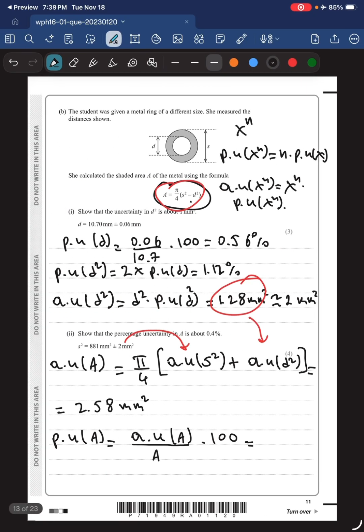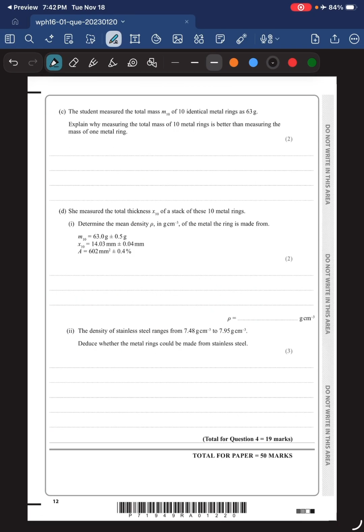And that's the answer. The student measured the total mass M10 of 10 identical metal rings as 63 grams. Explain why measuring the total mass of 10 metal rings is better than measuring the mass of one metal ring. So the percentage uncertainty of the mass is equal to the absolute uncertainty of the mass over the mass itself times 100.